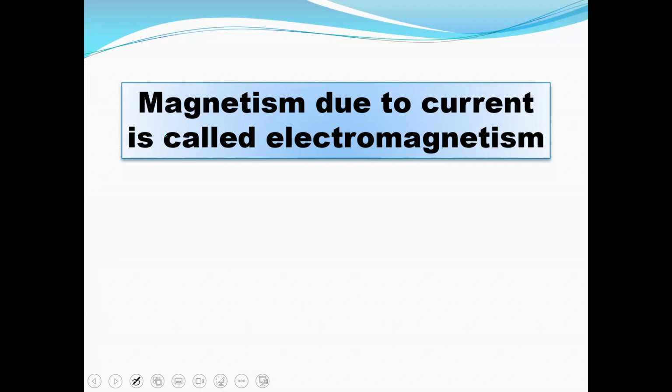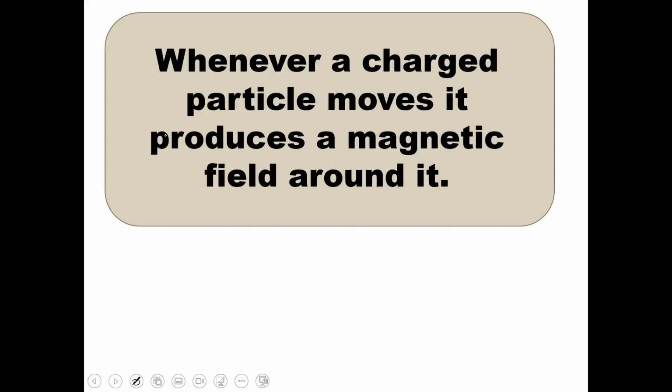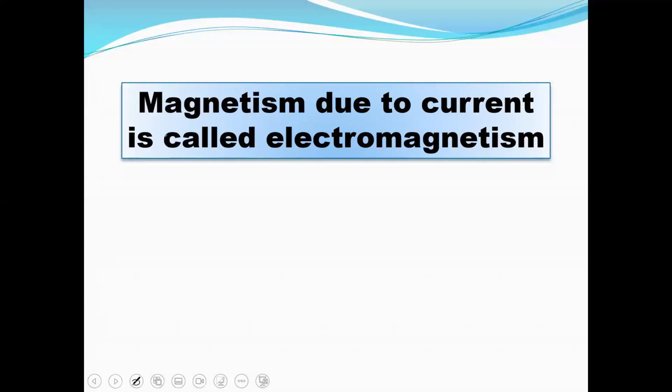Magnetism due to current is called electromagnetism. What is the concept? When electric current passes through a conductor, it produces magnetism. So this magnetism is produced when you run current. You have to copy this definition.